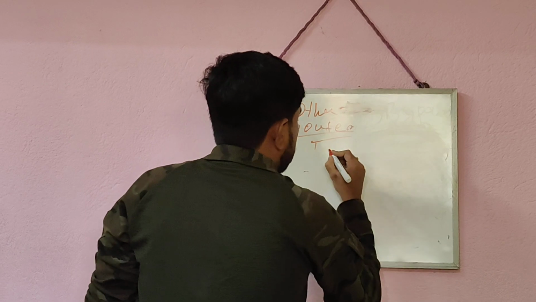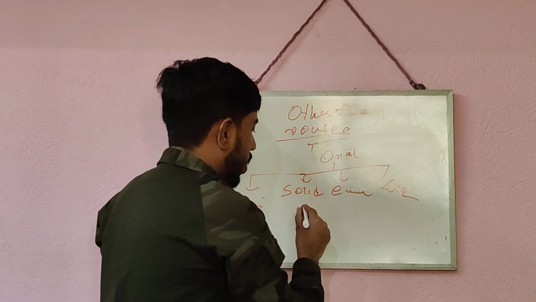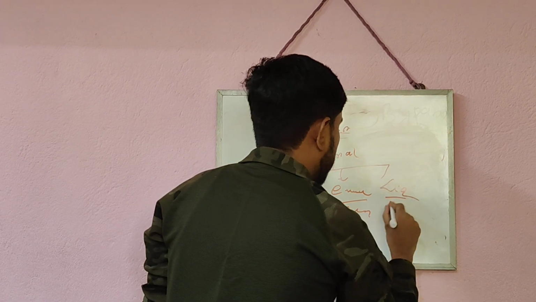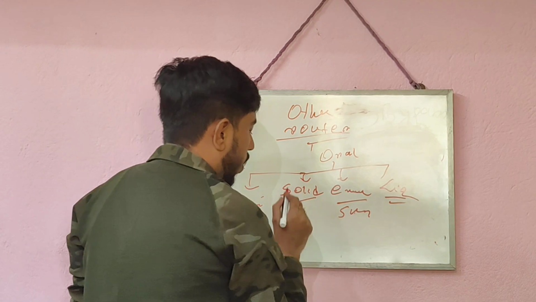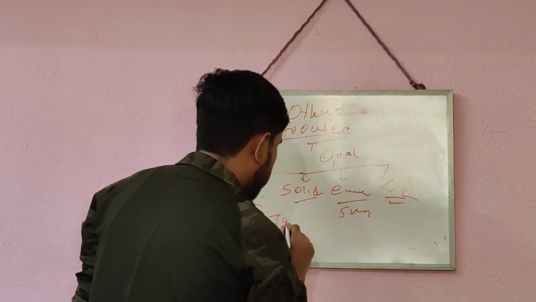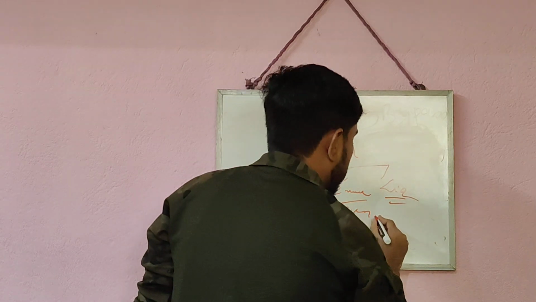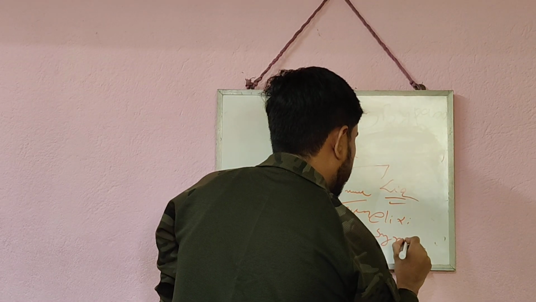For oral, different dosage forms are there. Solid dosage forms, emulsions or suspensions, liquid doses and semi-solid dosage forms are there. In solids, we generally use tablets and capsules. In liquids, we generally use elixir or syrup, like cough syrup.